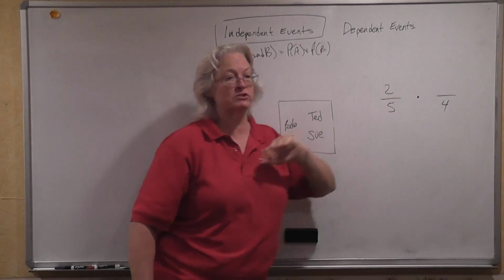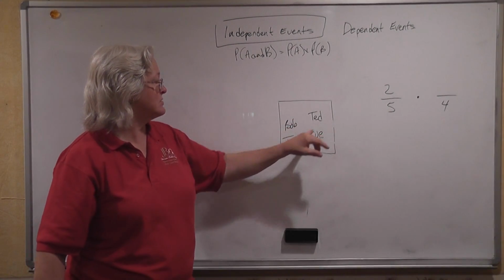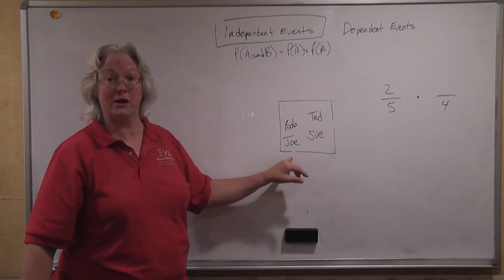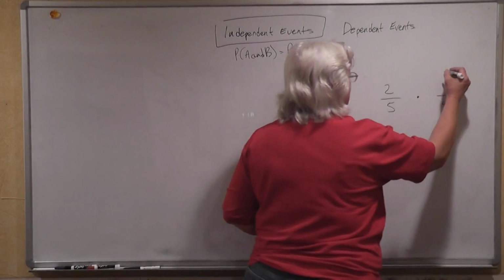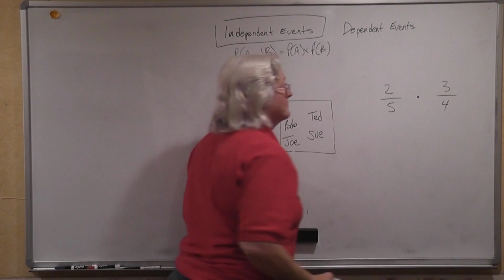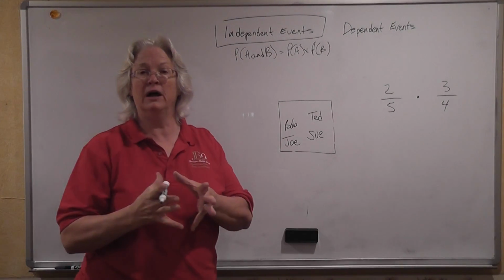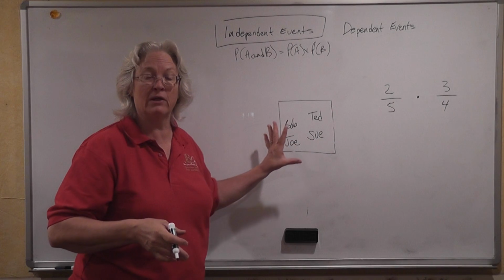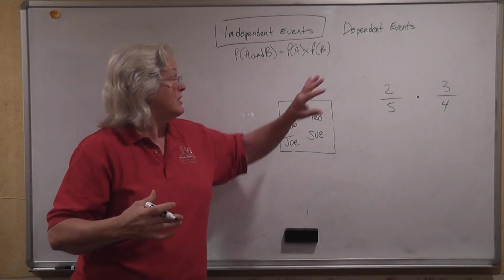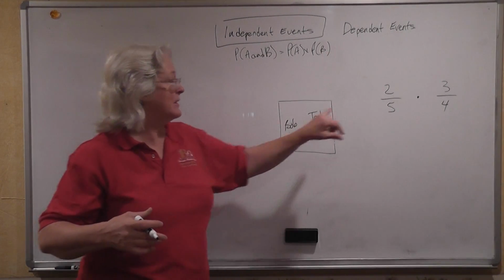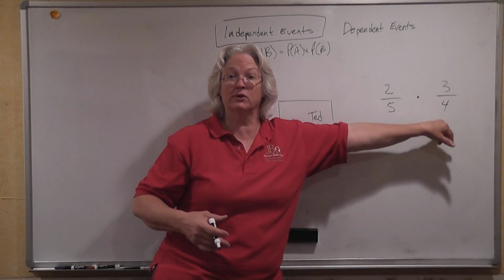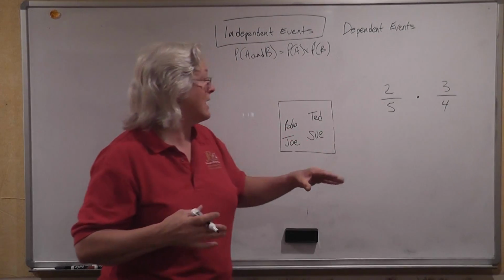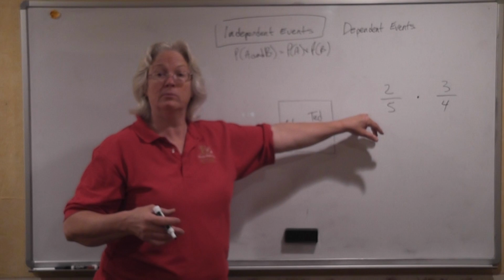So your denominator is 4, and how many boys' names are there? 3. The way that you find the probability, oh, and these are dependent on one another, which I should explain. These are called dependent events because the likelihood of the second event occurring depends on what happened the first time.